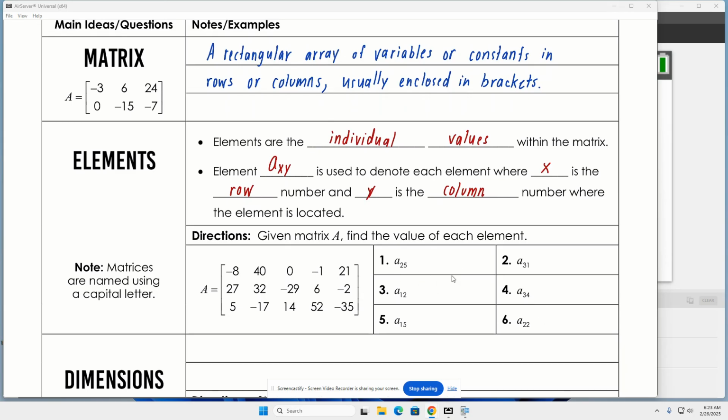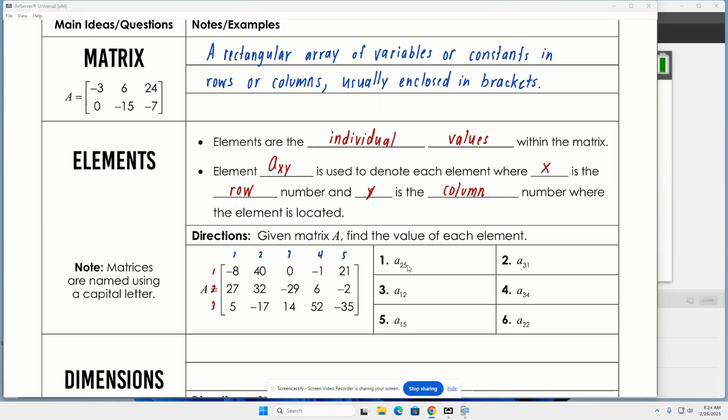The way that this is written, it's A sub 2,5. So when I look at this, this is row 1, row 2, and row 3, and then I look at my columns: column 1, column 2, column 3, column 4, and column 5.